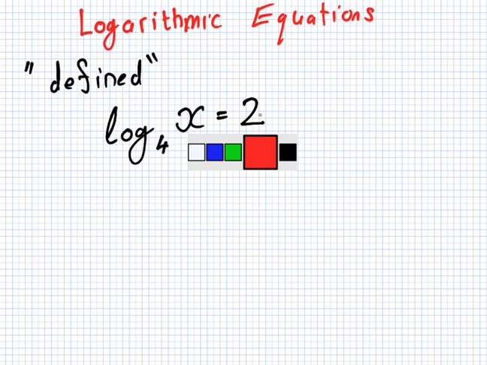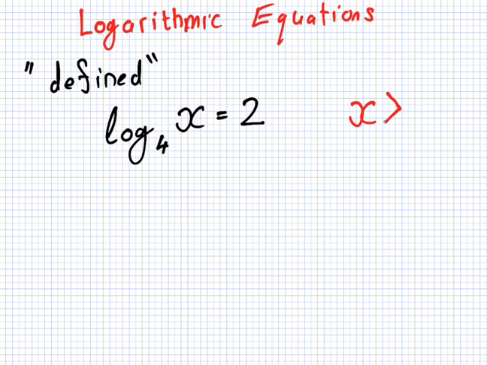I'm just talking about what values of x I can use. So we know that x here has to be positive, and it can't equal 0. This is what I mean by when I say, when is the log defined? It's defined if x is positive.